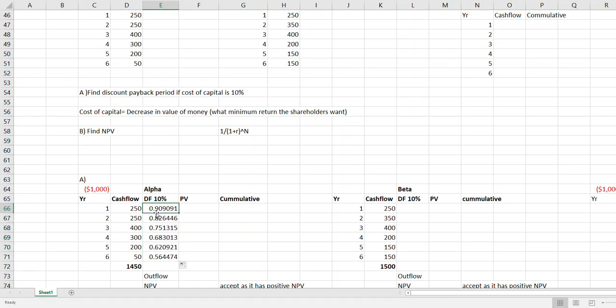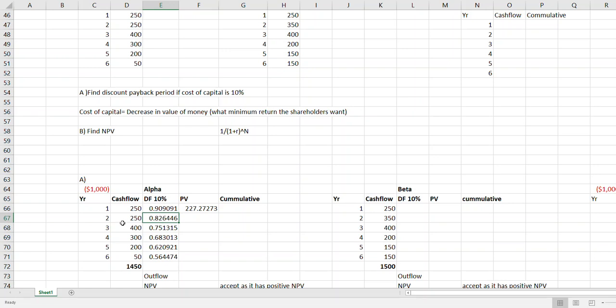So this means that if the value of money decreases by 10%, then the value of $1 one year later is going to be 90 cents. That means if we take 250 and multiply by this value, it will give us the value of 250. 250 will become 227.